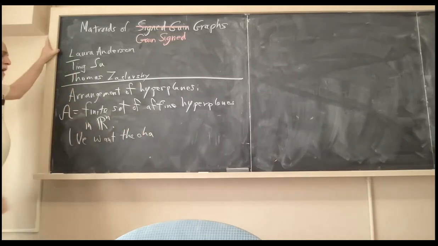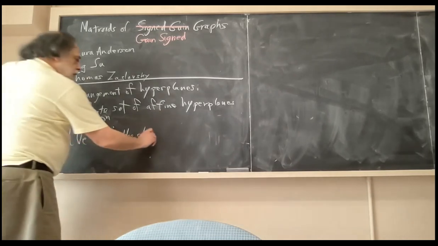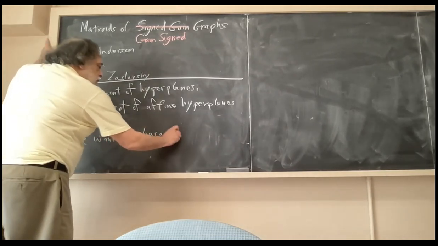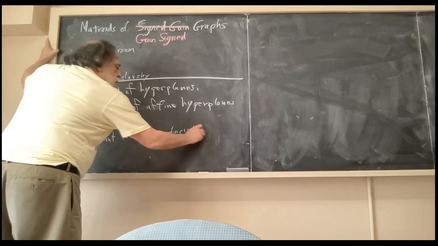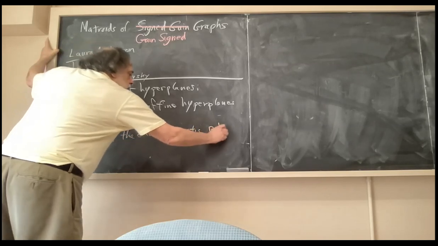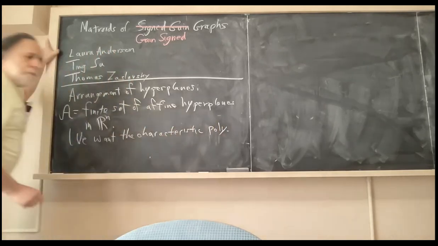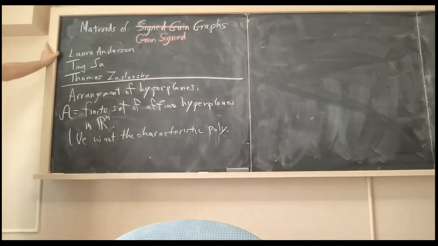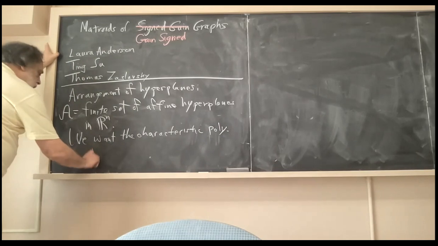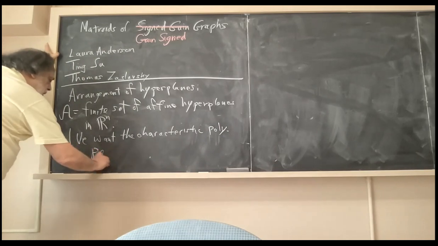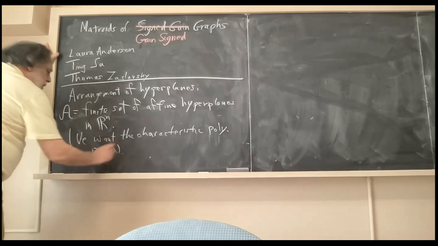Let's write script A for it because it's a nice letter. The characteristic polynomial. And this characteristic polynomial has a lot of information in it about the hyperplane arrangement. That's not the point of the talk. And the characteristic polynomial is P sub A of lambda.